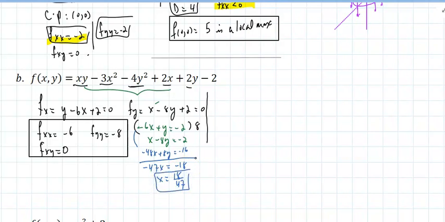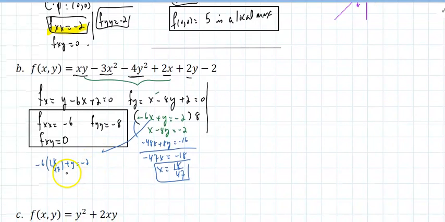And if I take any of those equations, let's say I take this equation, I'll get -6 times 18 over 47 plus y equals -2. If I clear the fractions, I'll get, what is that? -108 plus 47y equals negative, what is that? -94.